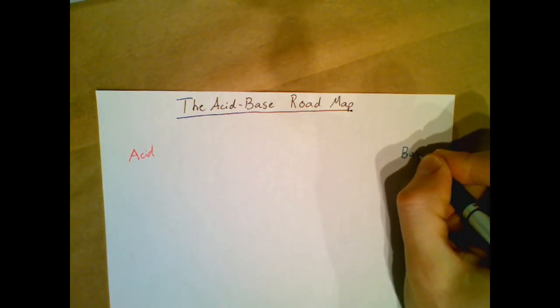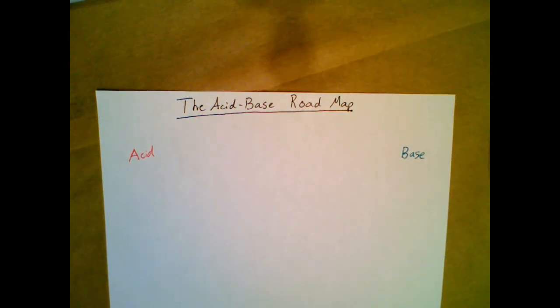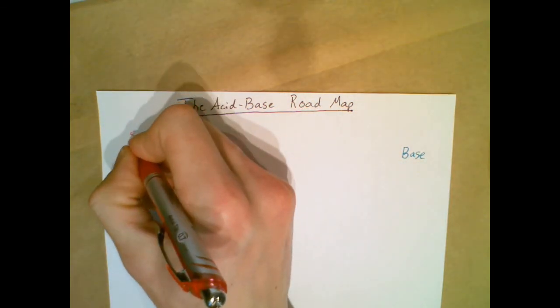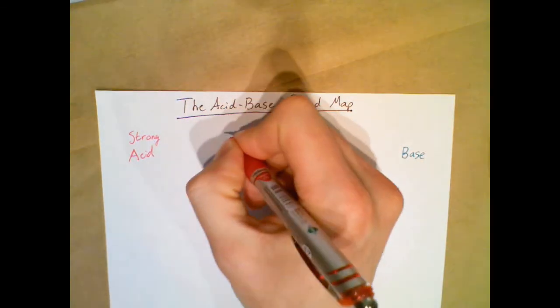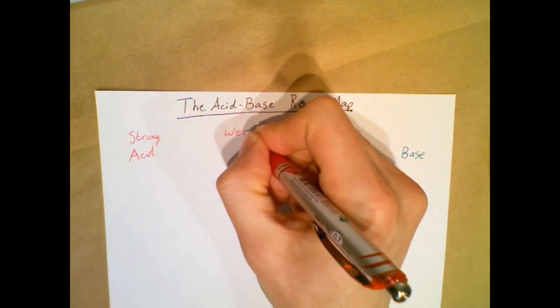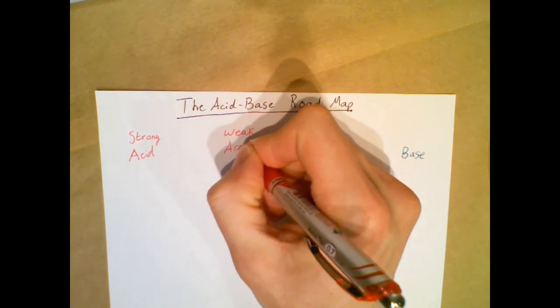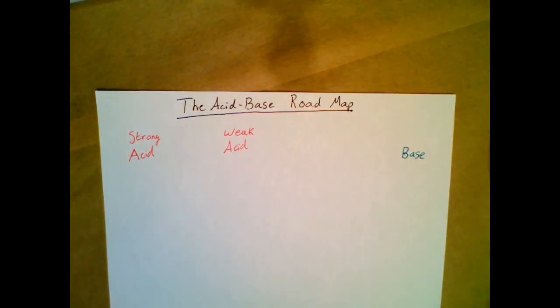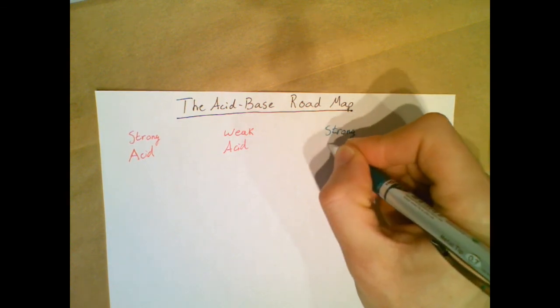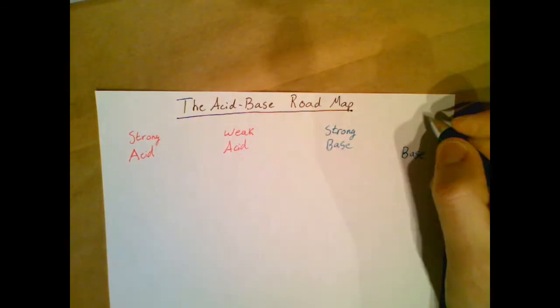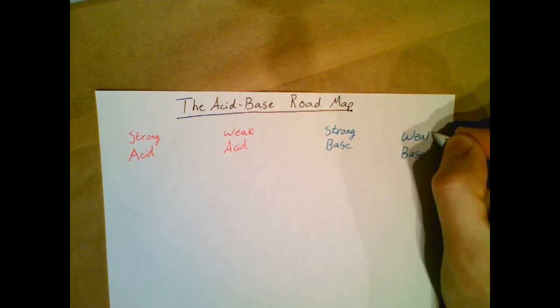But remember, there's not just one kind of acid or one kind of base. There are strong acids. There are weak acids. There are strong bases. And there are weak bases.